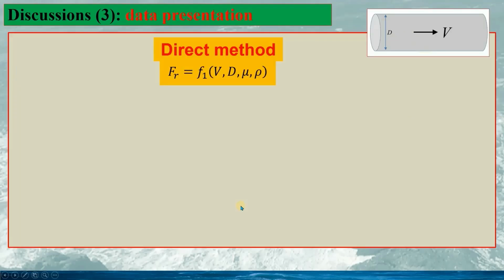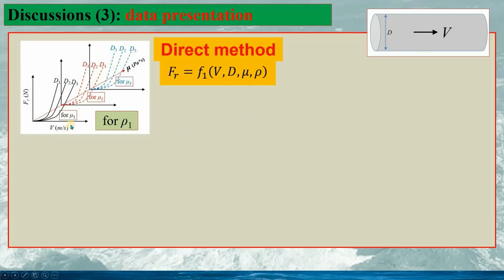The other problem for the direct fluid dynamics is in the data presentation. In the direct method, we need to put the data in this form. Here, it's for one fluid density. From the plot, we can see for one fluid viscosity mu1, we draw the fluid friction against the fluid velocity.